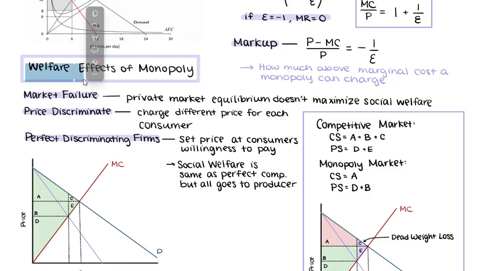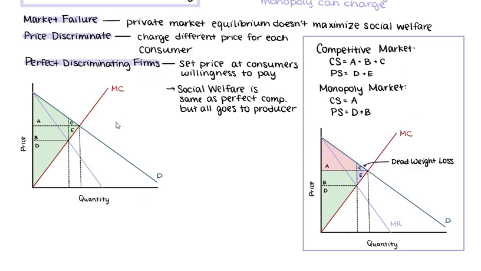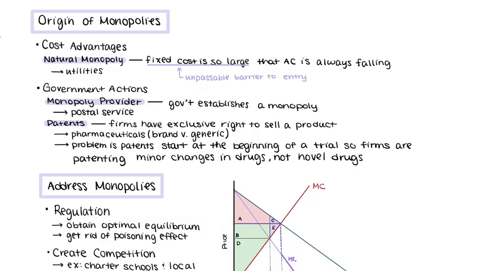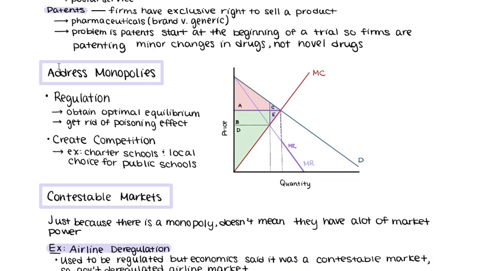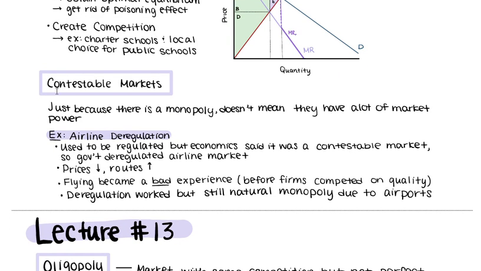Then the welfare economics, the market failure, price discrimination, and how a monopolist sometimes causes deadweight loss because it doesn't produce as much quantity as the perfect competition market. And the origins of monopolies, how to address monopolists through government, and creating competition. That's just an example of creating competition. So that's all about monopolist.